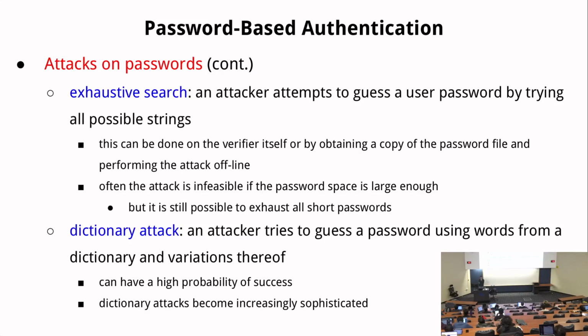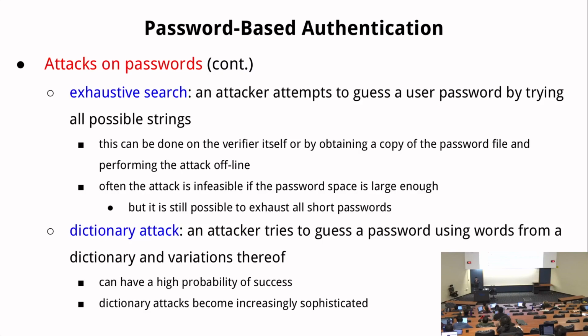What they do is an exhaustive search and try to check all the passwords in the address space and see which one matches the hash value they get. Also, they can just remotely try to log in to your account using different passwords, right?